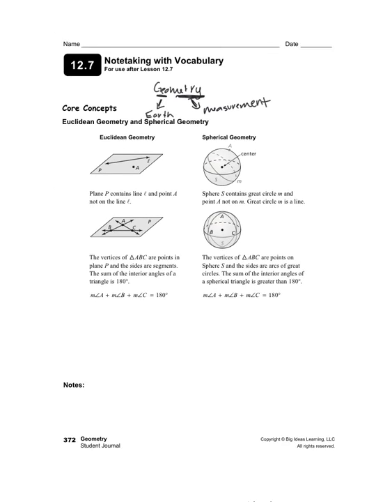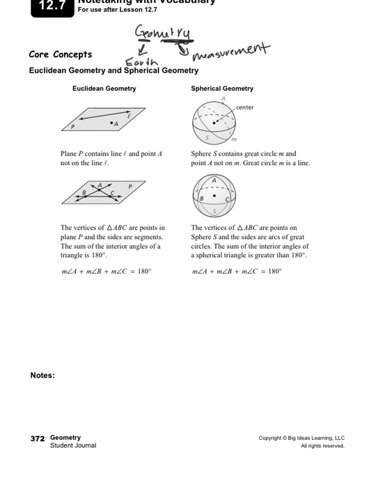Okay, so just a few differences between Euclidean and spherical geometry. With Euclidean geometry, you have lines, you have line segments, right? In spherical geometry, you have arcs, and you have arc lengths and great circles, right?